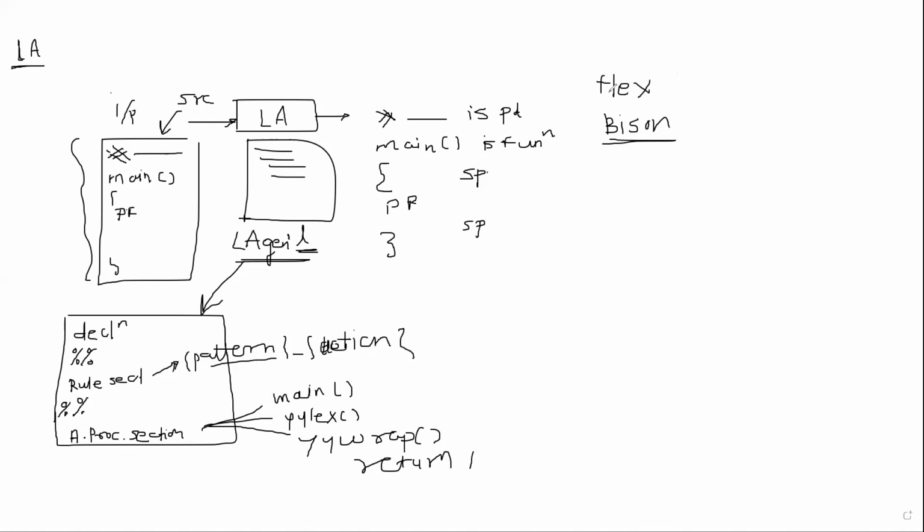So first thing is you have to compile it with the Flex compiler. So flex and file name .l you have to write. So the file name is lagenerator.l. When you write this on the command prompt, you have to write this where the location of your file is.